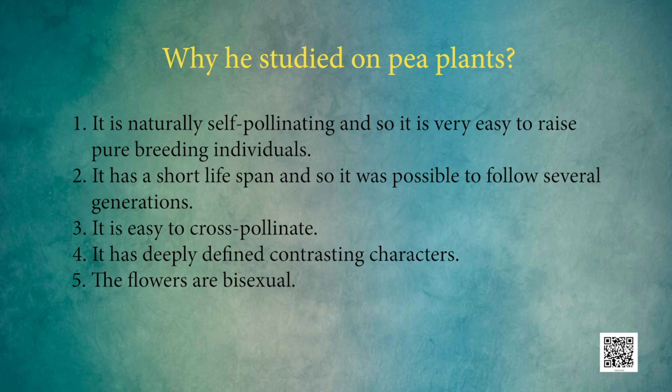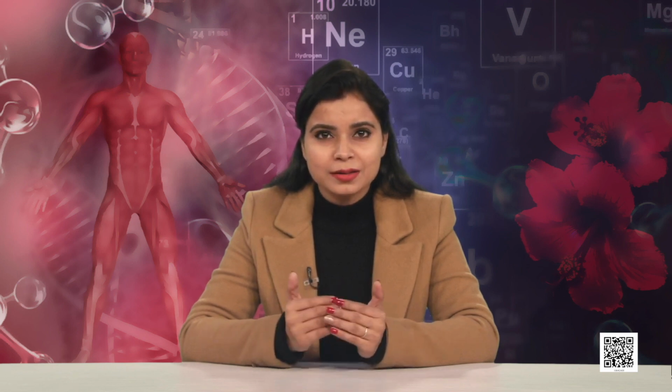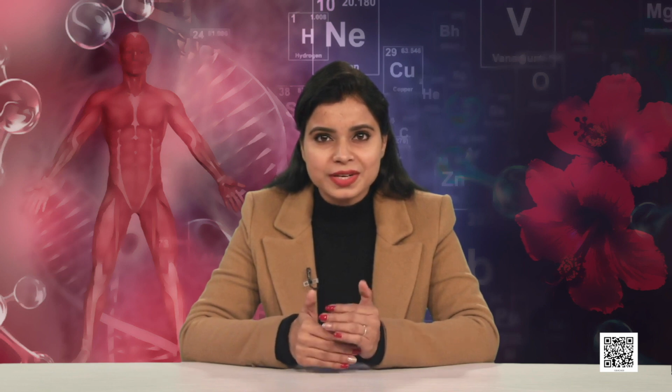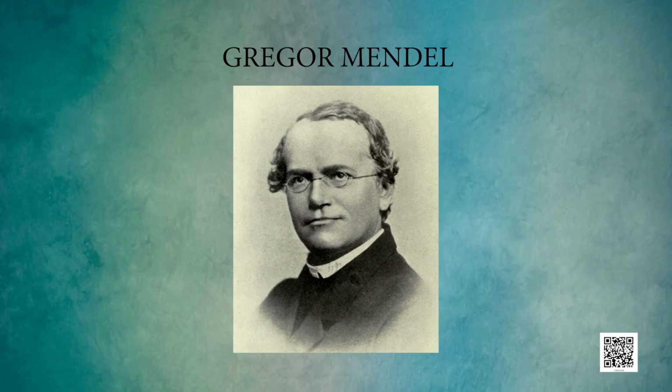Third, it is easy to cross-pollinate. Fourth, it has well defined contrasting characters. Fifth, the flowers are bisexual, meaning the female part and the male part both exist in the same flower. So, these characteristics of pea plants were helpful for Mendel.